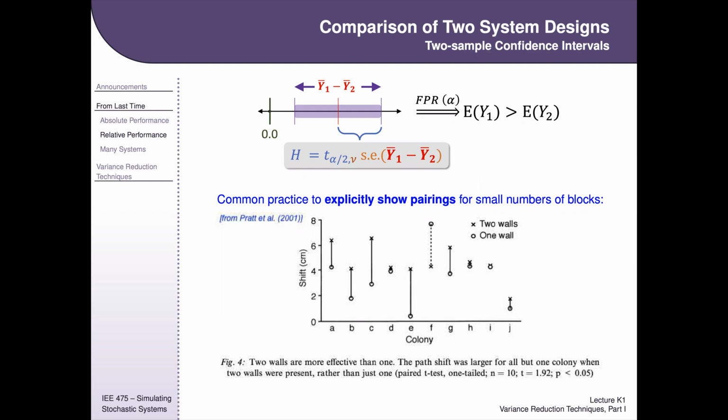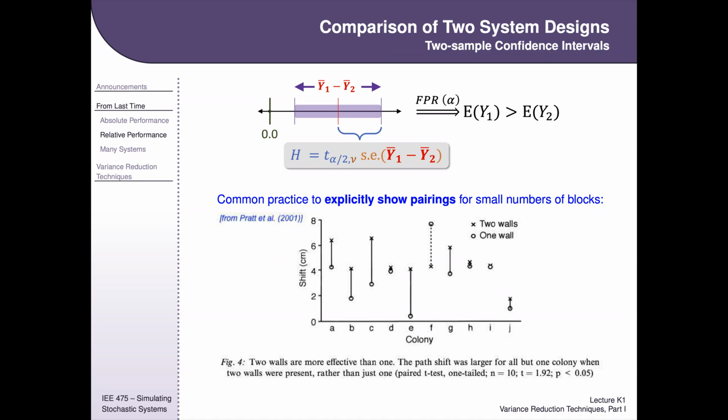And then you do that for replication 2, replication 3, and for all of these replications. And if you notice that all of the circles are lower than all of the X's, then that probably means that model 1, which is associated with the circles, is going to have a lower performance across all of these different cases.